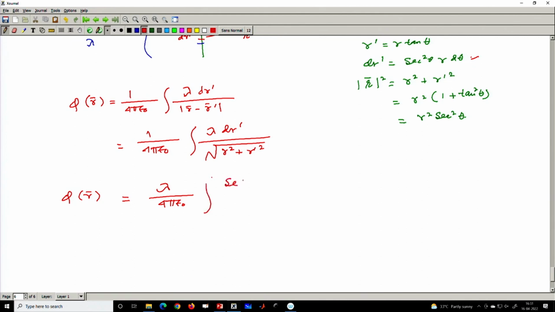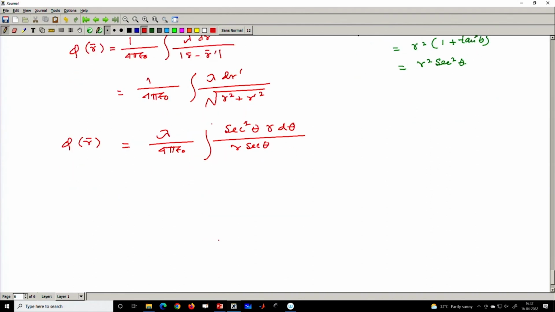It is sec square theta r d theta divided by this square root, which is r sec theta, as I already calculated. So, one sec theta and this will cancel out, and also the r will cancel out.